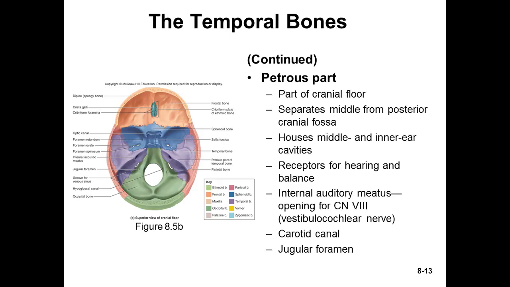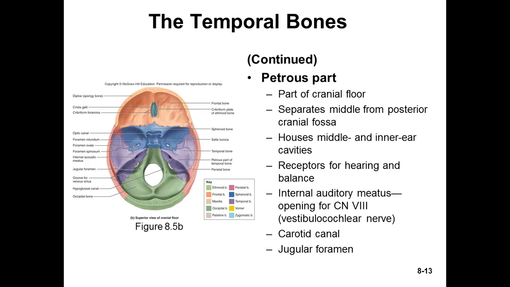And this one is cranial nerve 8, which is the vestibulocochlear nerve. That's the nerve for hearing and, of course, balance. And, of course, if that nerve gets severed or if you have complications with that nerve, you can have dizziness and you can also lose your balance as well.